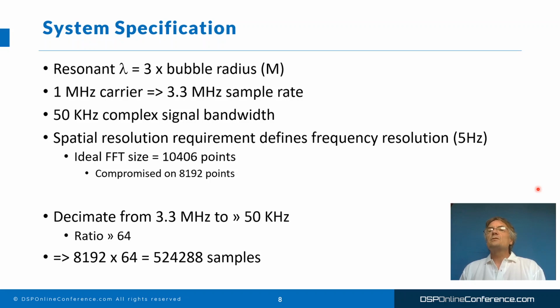We explained the cost difference in terms of the processors, the MIPS and memory and so on, and it was decided that a compromise of 8,192 points would give an acceptable resolution to the frequencies.